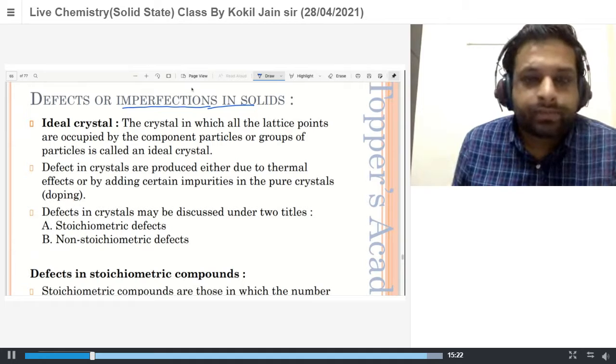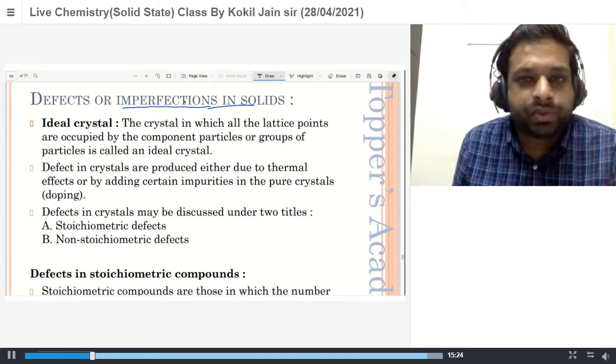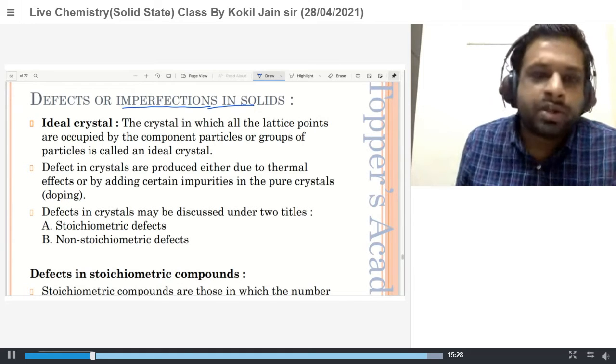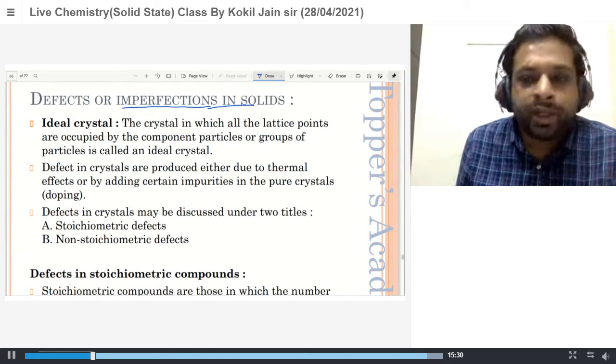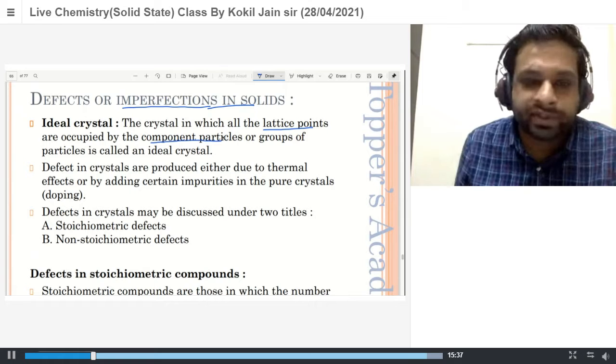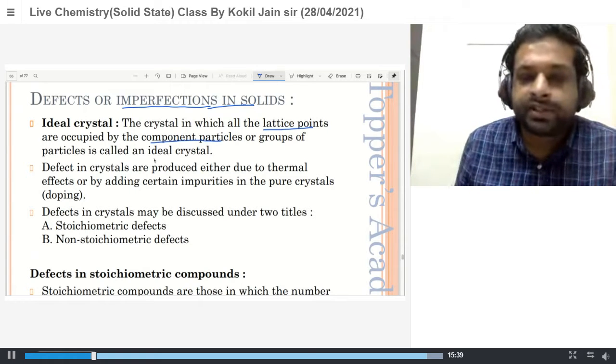See one thing: we are going to see two types of crystals. Some crystals have no defects, where all the lattice points inside the crystal are occupied by the component particles, groups of particles, or ions. Then we call it an ideal crystal.